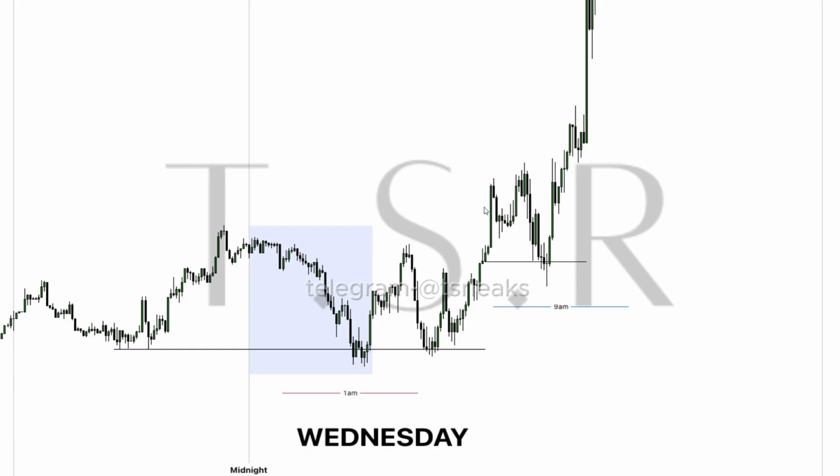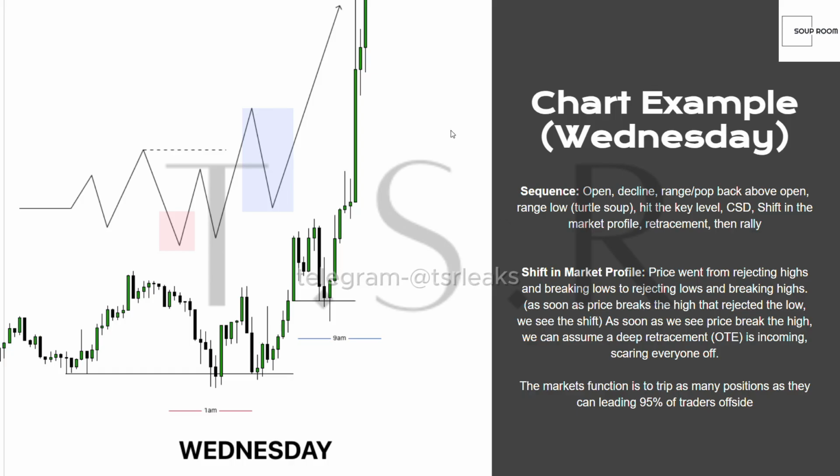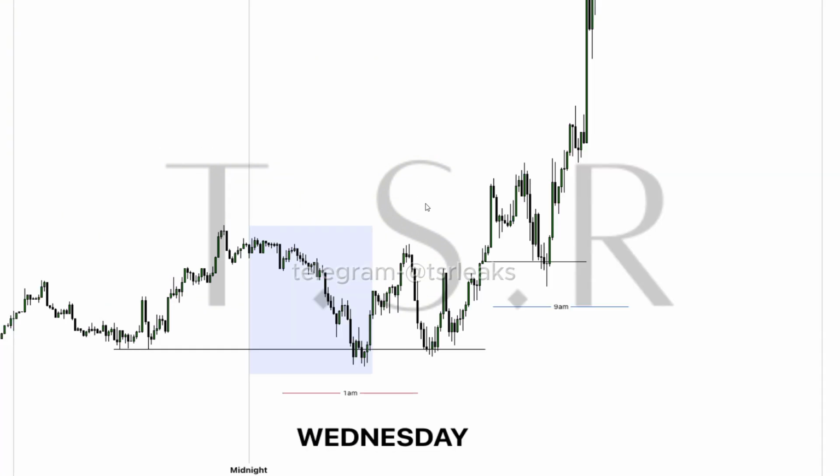Now, where does the market structure shift occur? This right here is the change in state of delivery. This right here is the market structure shift. As soon as the market structure shifts with a break above the high that caused the turtle soup, we can now confirm the market profile has changed.